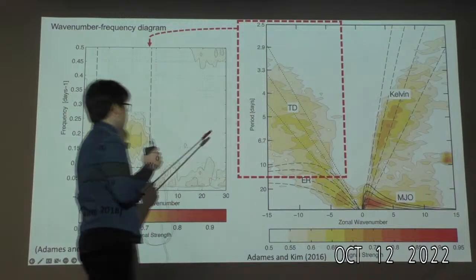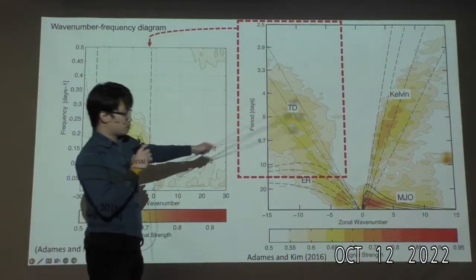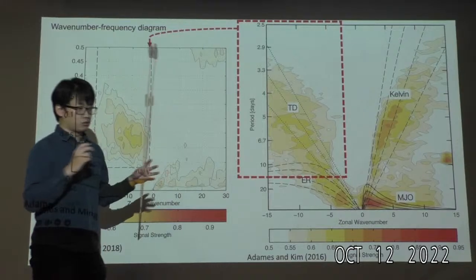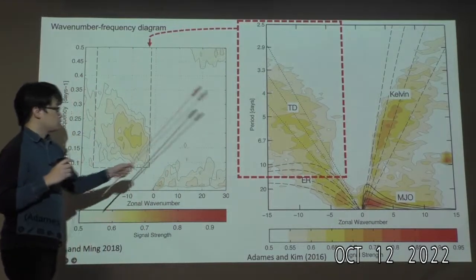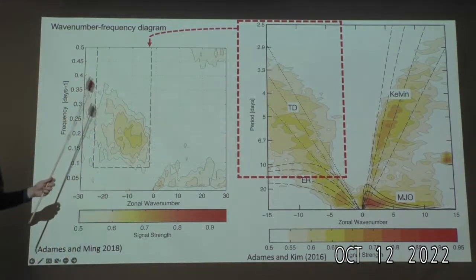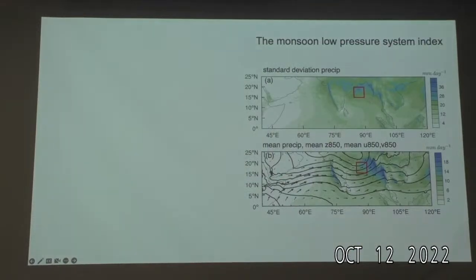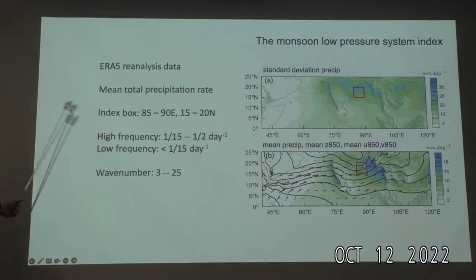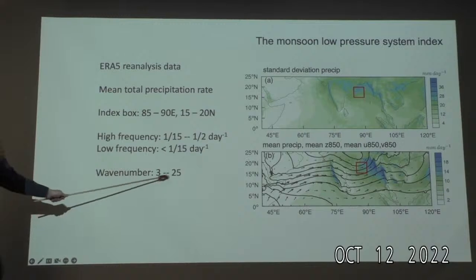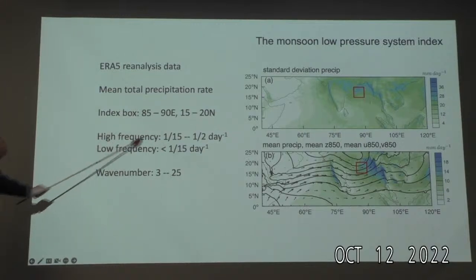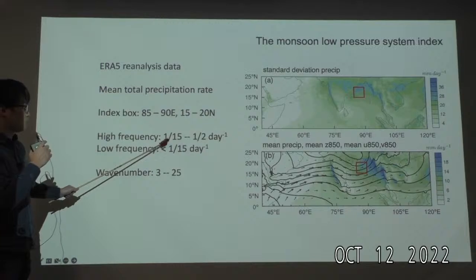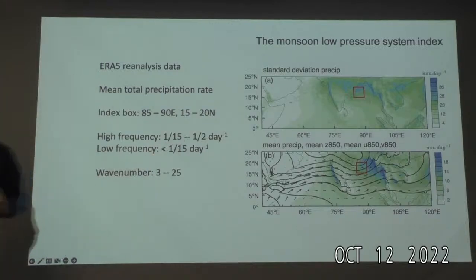This was done in the whole tropics, but if we do the same analysis around the Indian Ocean, we can zoom in and find that the wavenumber of our system was mainly from 3 to 25, and the frequency of our system is between 1/15 and 1/2 cycles per day.